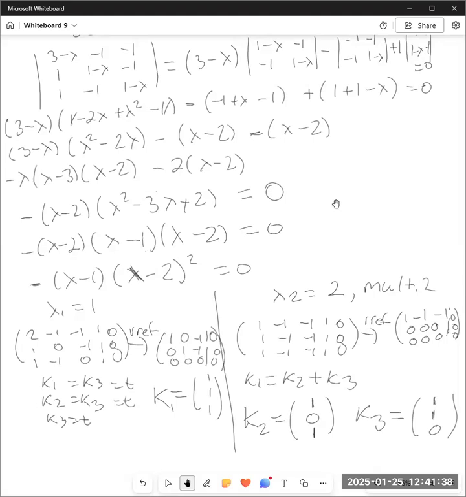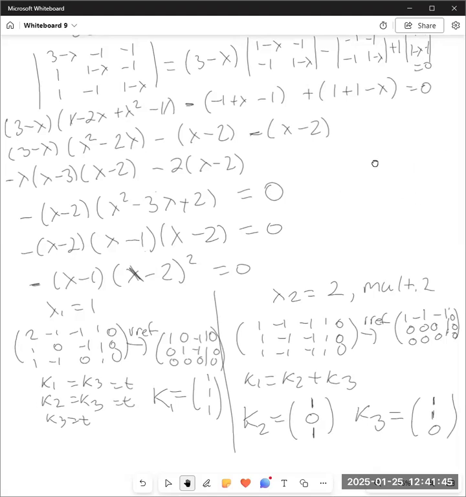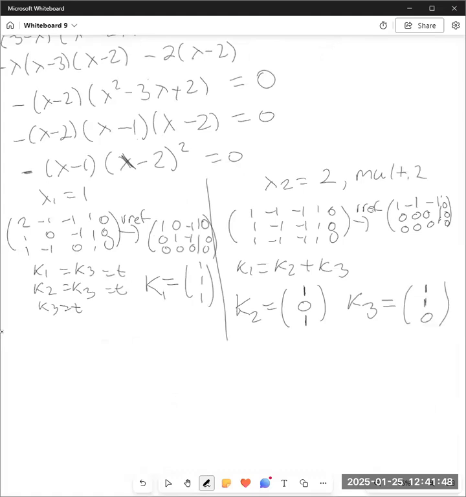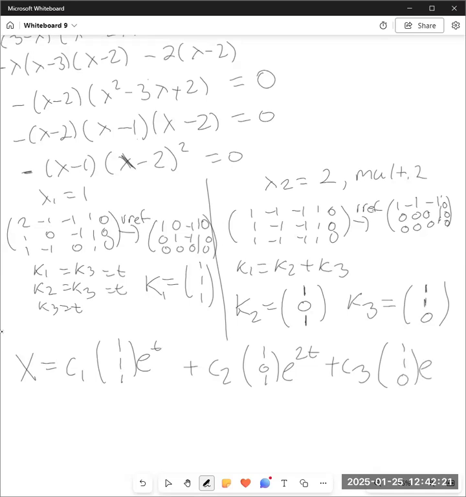And so that gives me a situation here where x is equal to C1 times K1 e to the t, plus C2 K2 e to the 2t plus C3 times K3 e to the 2t.